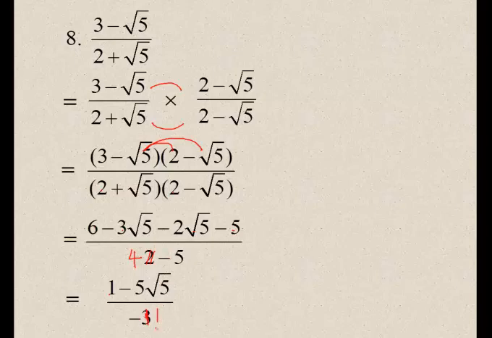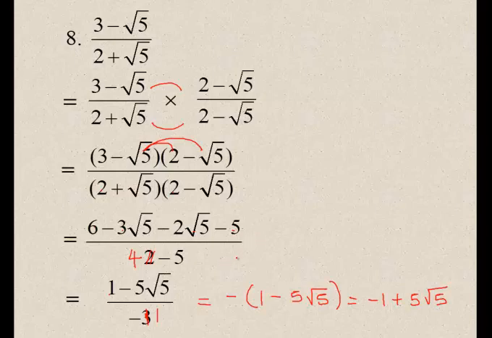And because of the minus 1 here, you can go in and say this is equal to minus into 1 minus 5 root 5. For those of you who want to, you can say this here is equal to minus 1 plus 5 root 5. That is also acceptable.